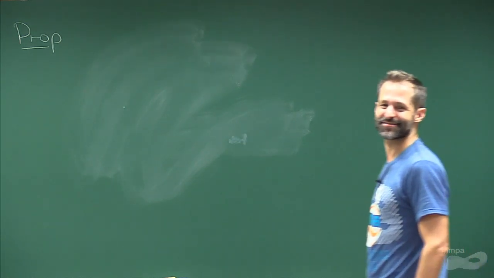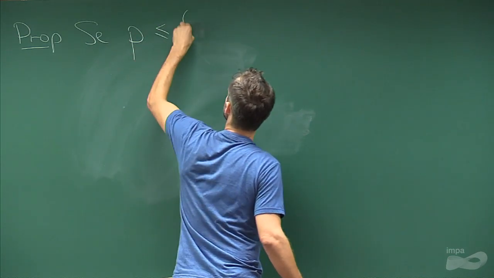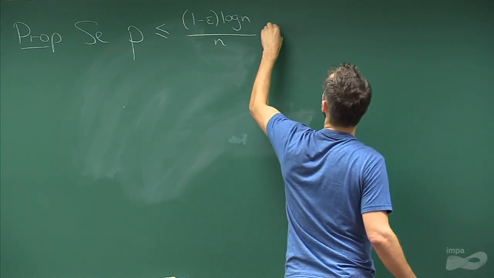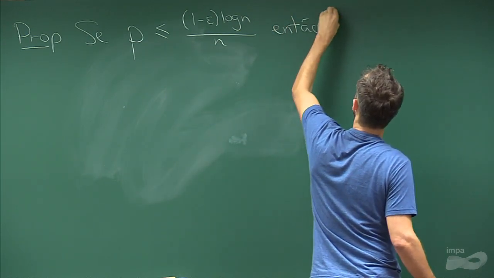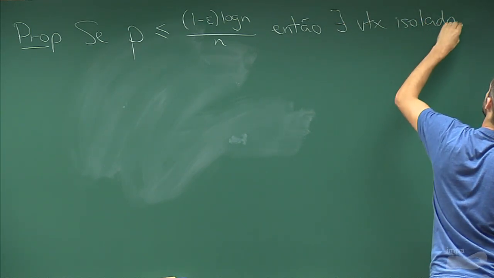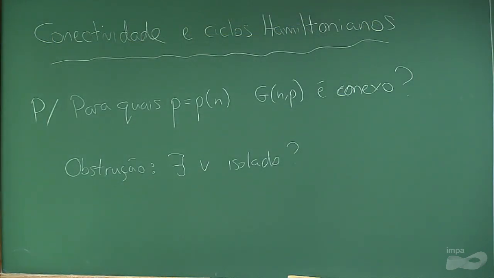About isolated vertices, we proved the proposition that if p is at most (1 minus epsilon) log n over n, then there exists an isolated vertex with high probability. So up to basically log n over n, you have essentially no chance of being connected because you're very likely to have an isolated vertex, a vertex with no neighbors.